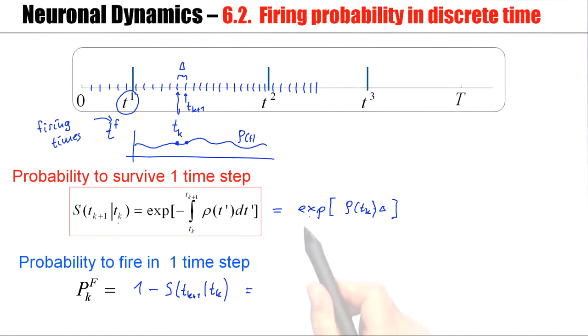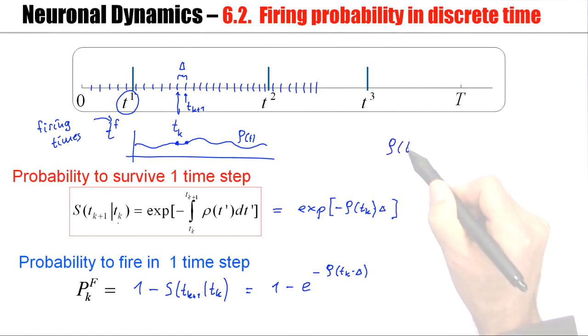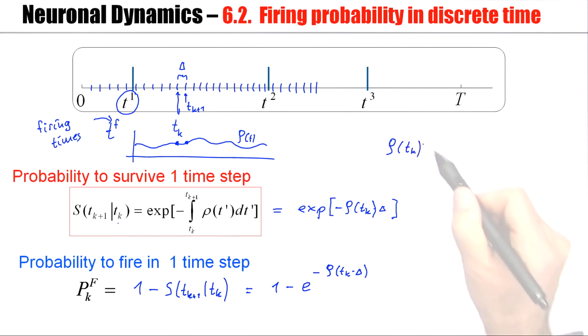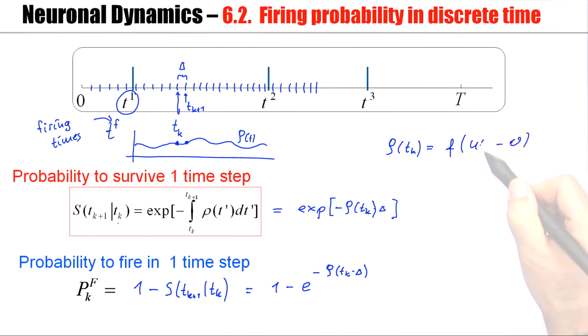So this would be, using this expression here, 1 minus e to the, and there's a minus sign missing, e to the minus rho of tk times delta. Now, rho of tk is my escape function f of u minus theta evaluated at this moment tk.